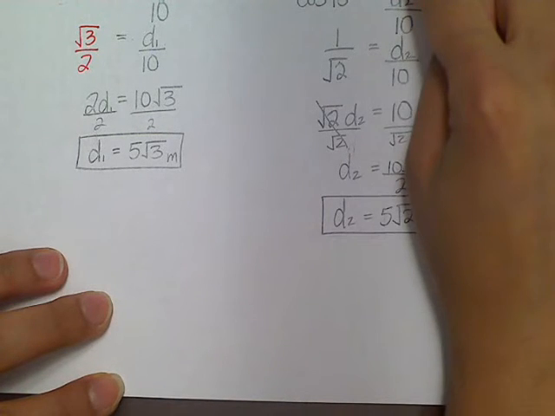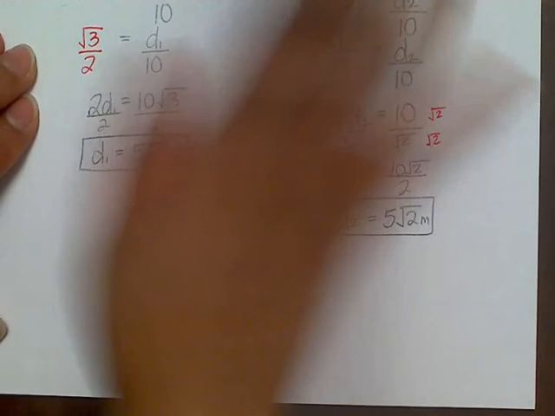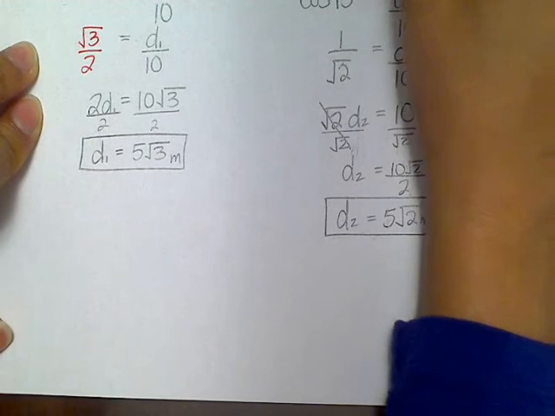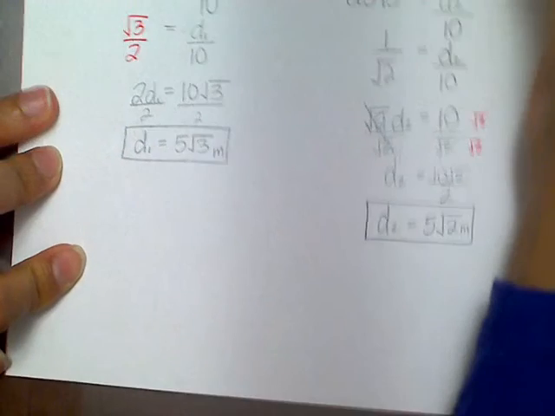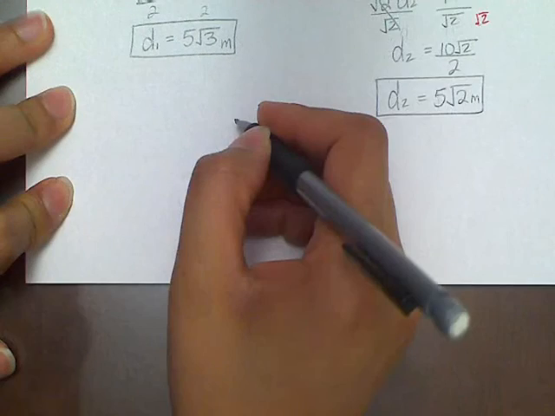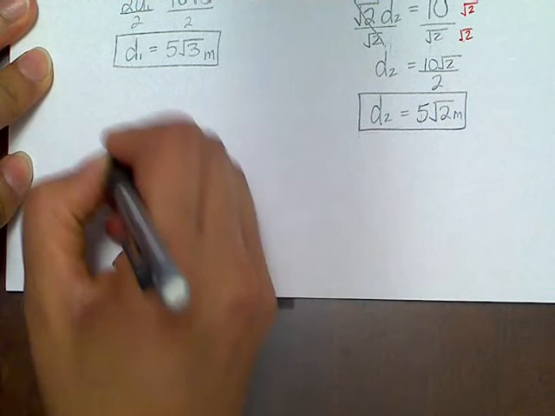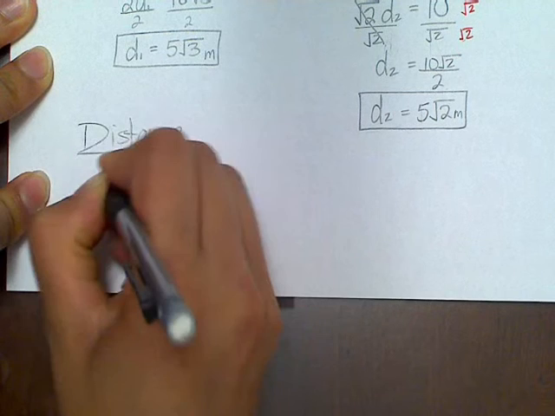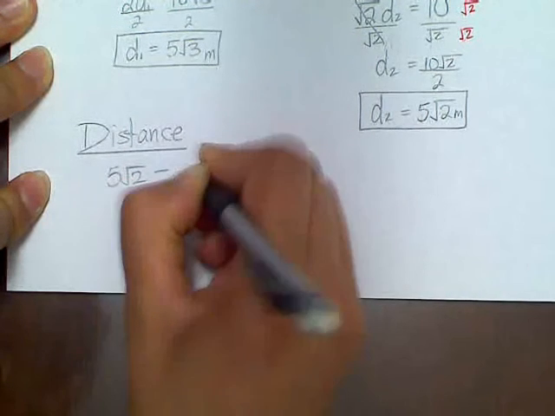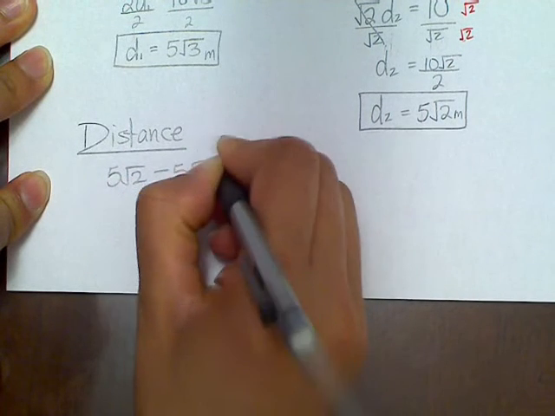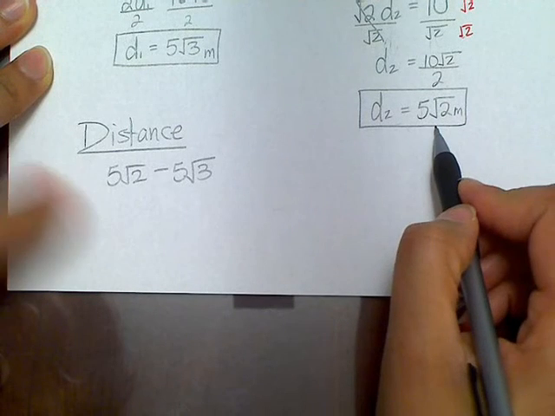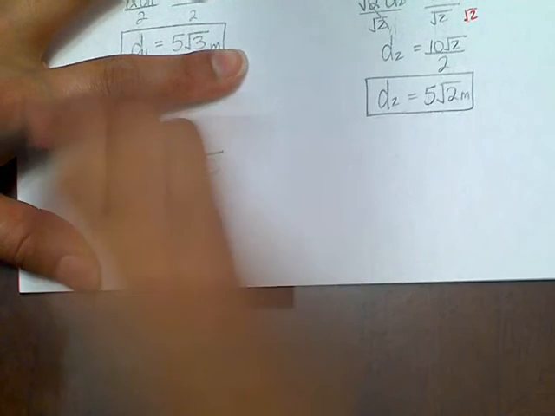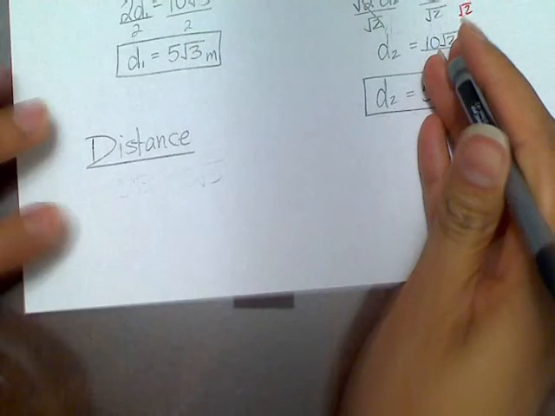Now because I'm trying to figure out how much closer the 45-degree angle would end up being compared to 30, I'm going to find the difference between D2 and D1. So the difference would be 5 root 2 minus 5 root 3. Okay, so the longer distance, sorry, I did it the wrong way.